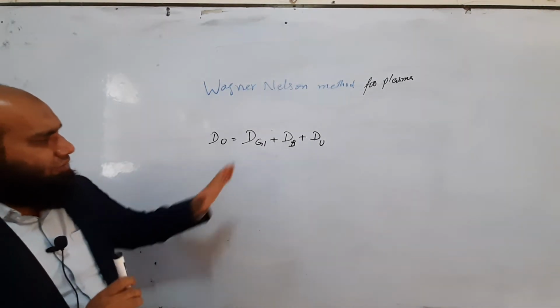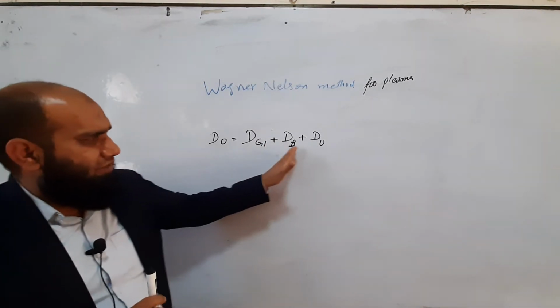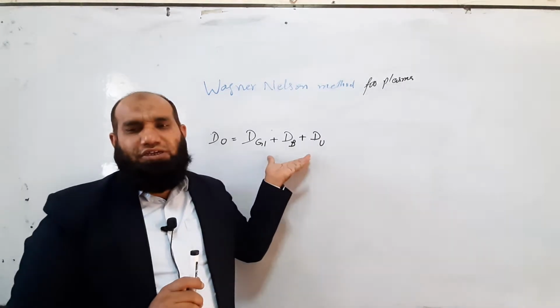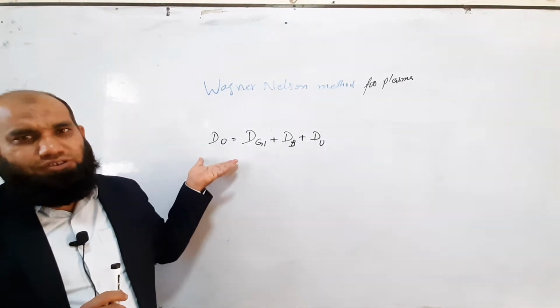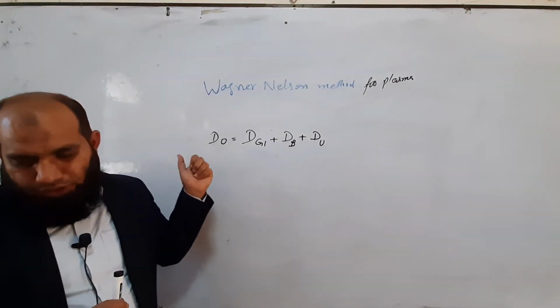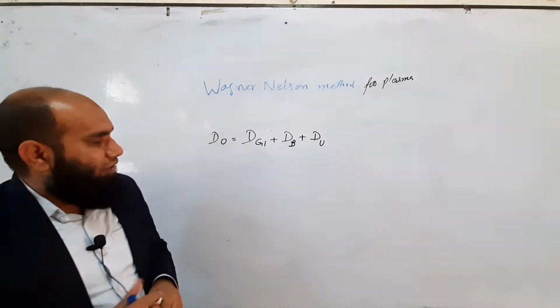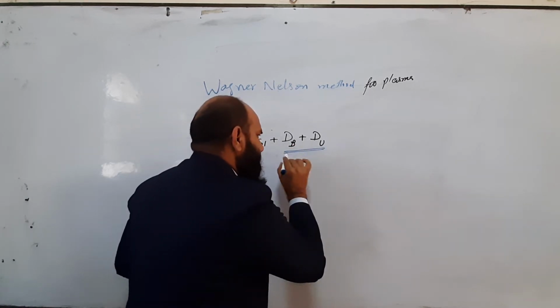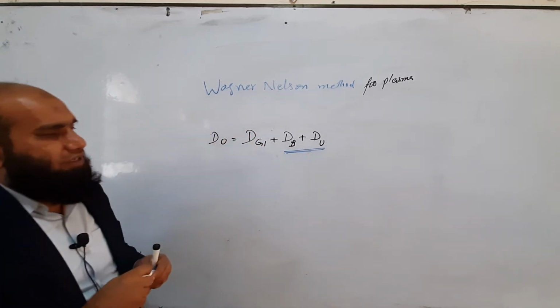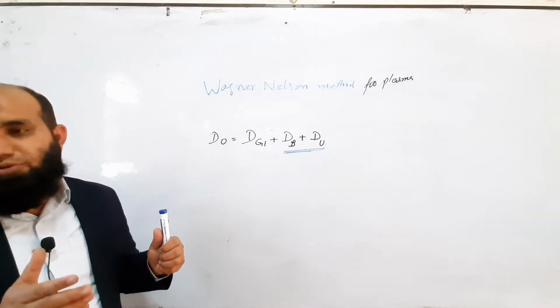We will calculate this, plus this, then we will take the addition of these, and then we assume that this is the total amount of drug present in our body. Then we have the basic concept of these two, because these are basically the drug present in plasma or blood.